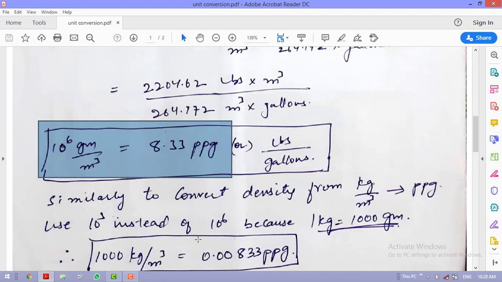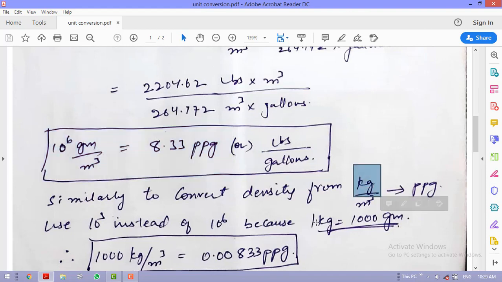Similarly, to convert density from kg per meter cube to ppg, although we have gram per meter cube over here, we just need to convert that gram into kilogram. We all know that 1 kg is equal to 1000 grams.